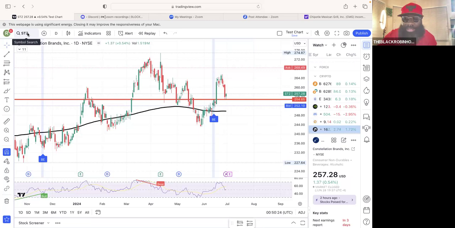If you see those patterns forming at a demand zone, which is a support level, you buy at demand, you sell at supply, right? You need to first establish your level.